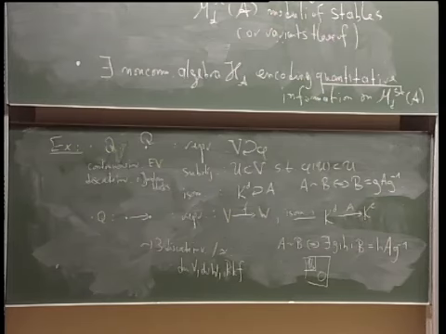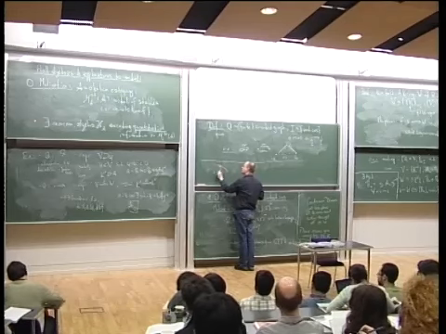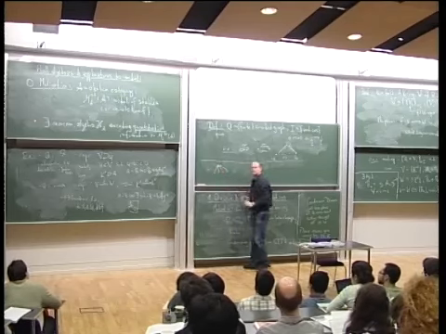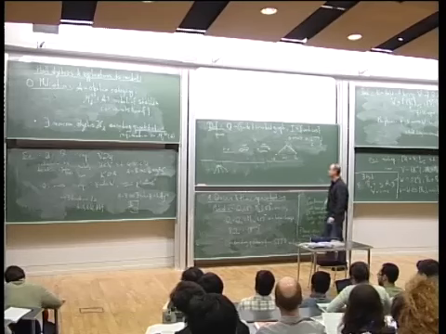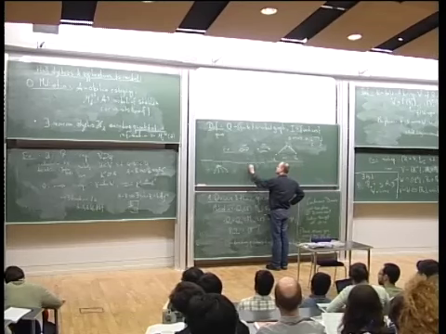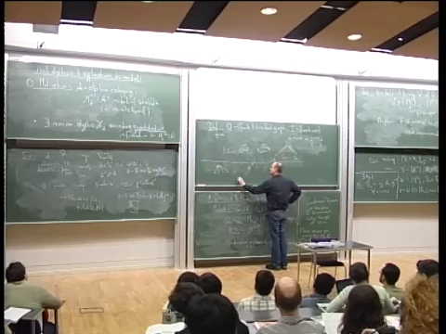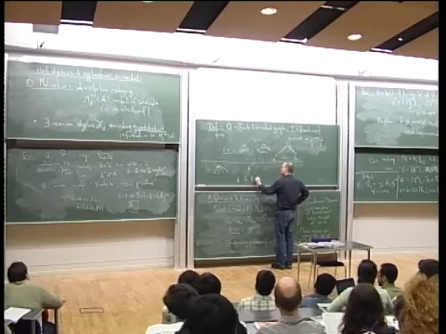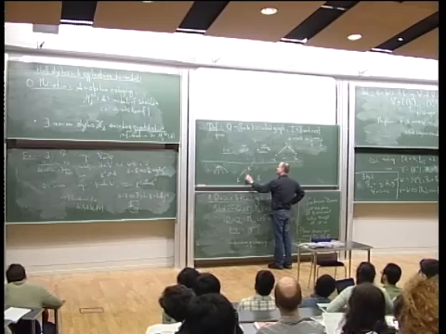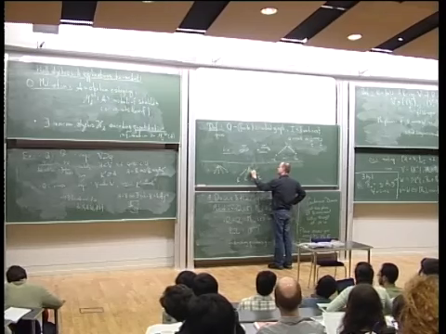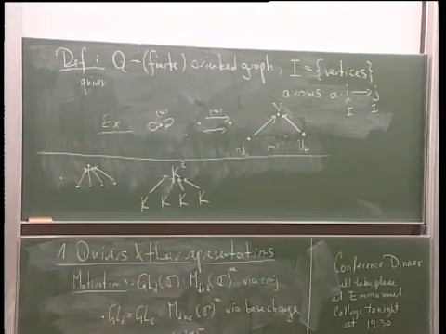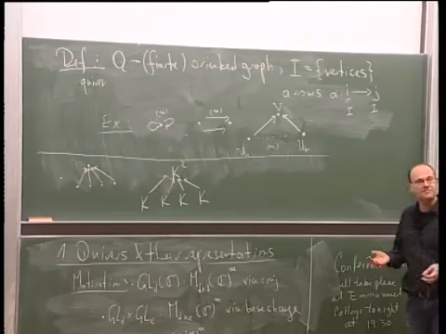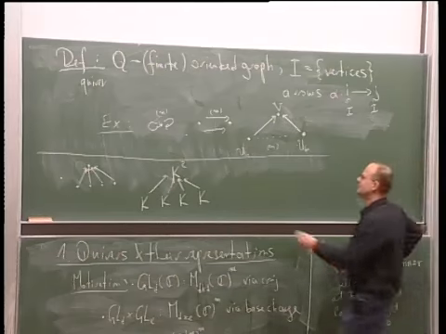Let's consider the quiver with 4 arrows pointing to one central vertex. And now let's keep things very special and just assume that here we have a 2-dimensional space and here we have 1-dimensional spaces. And let's classify such representations up to isomorphism, but not all of them, only generically.